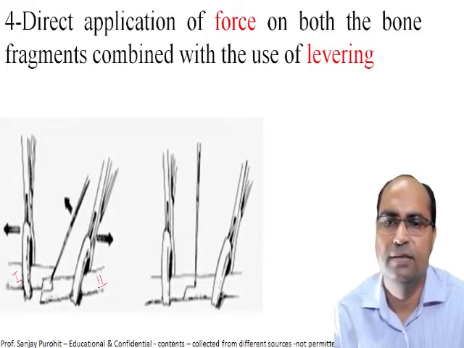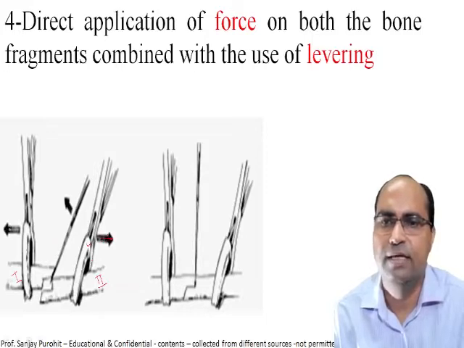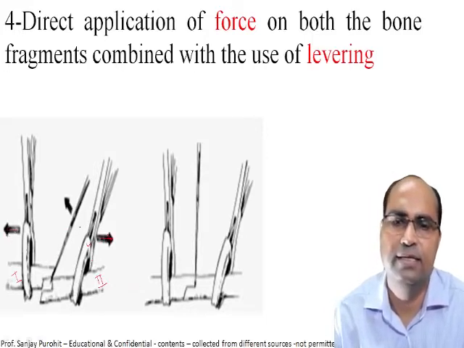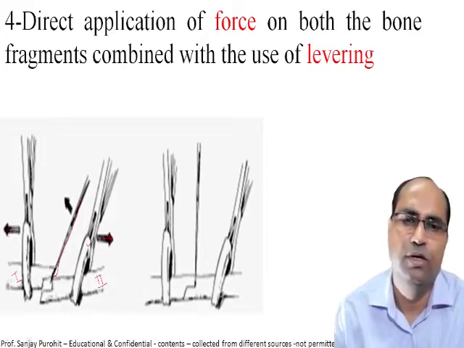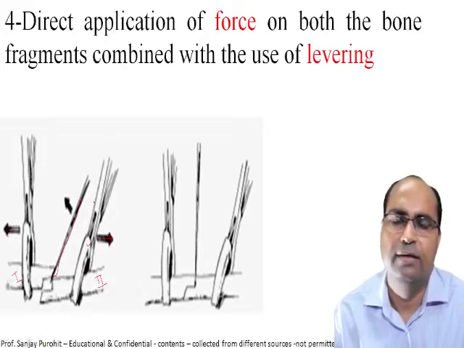Hold these using the bone holding forceps. Then put the distraction forces in the opposite direction like this and this, and use a levering device between the fracture ends of the bone, and using the combination of these, the anatomical alignment is achieved.